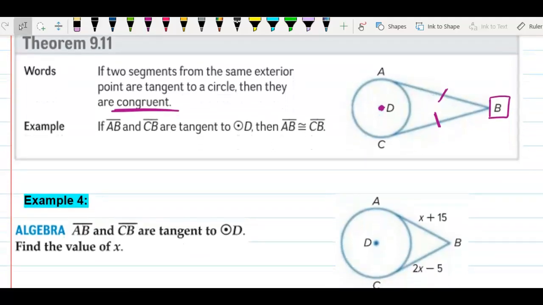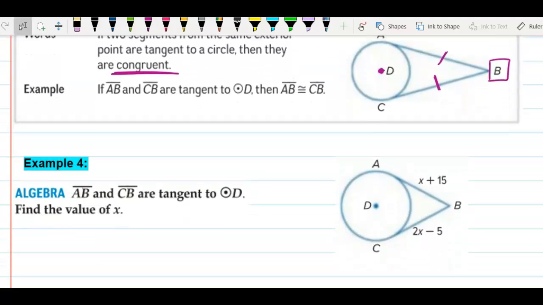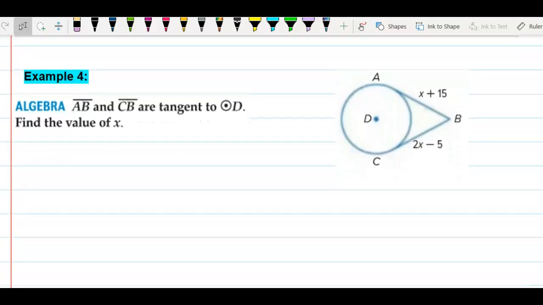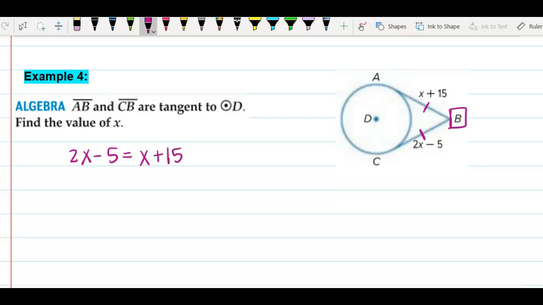So if we look, our next picture is almost the same exact thing. Okay, it says AB and CB are tangent to circle D. So they start at B, and then they're tangent to the same circle. So these 2 pieces are congruent to each other. So I could set 2x minus 5 equal to x plus 15.